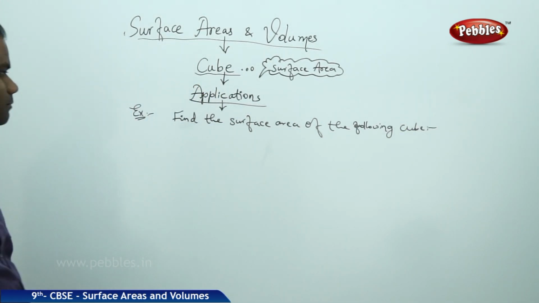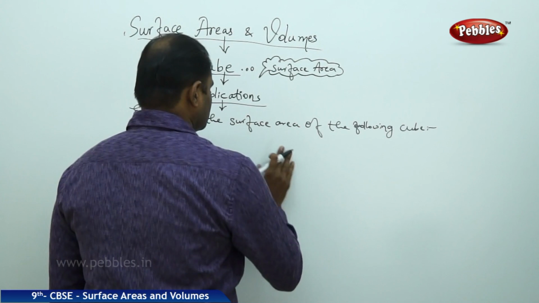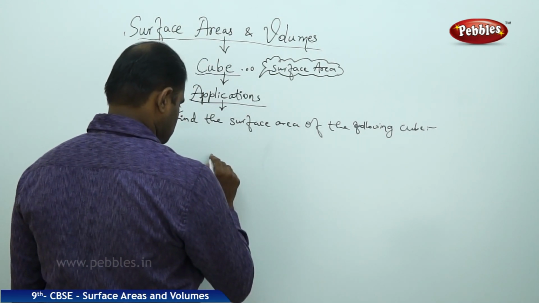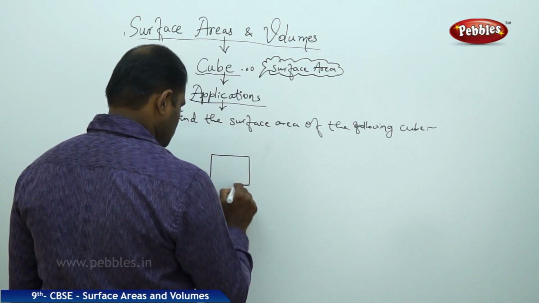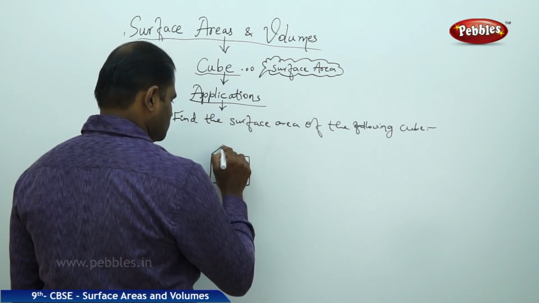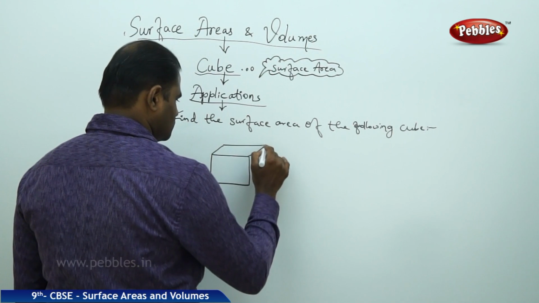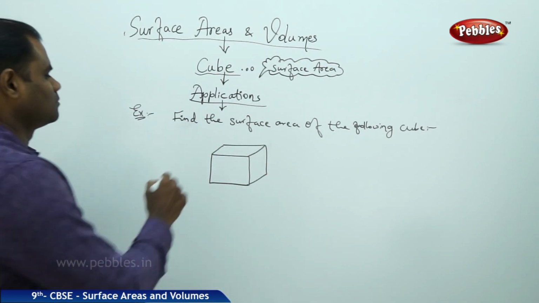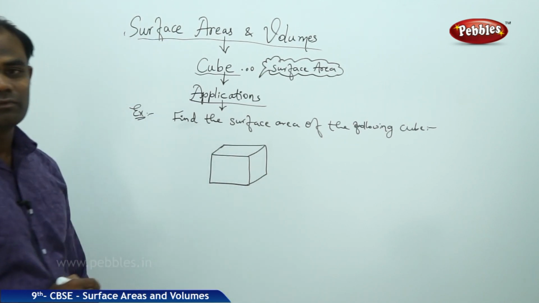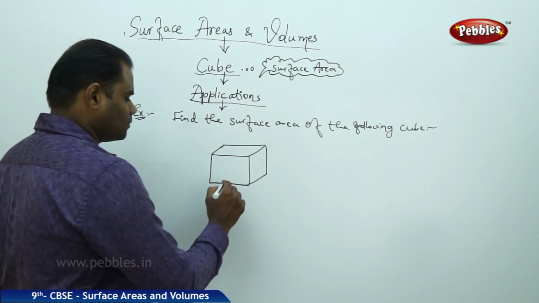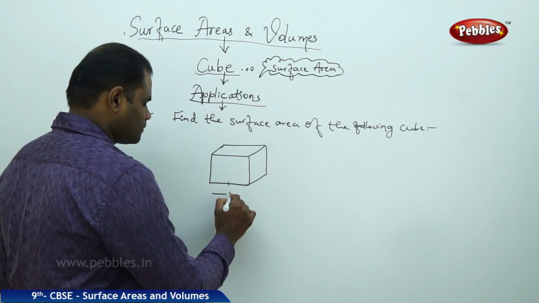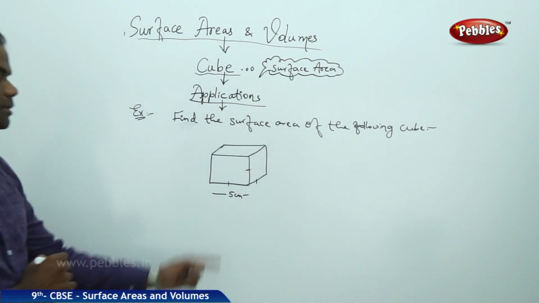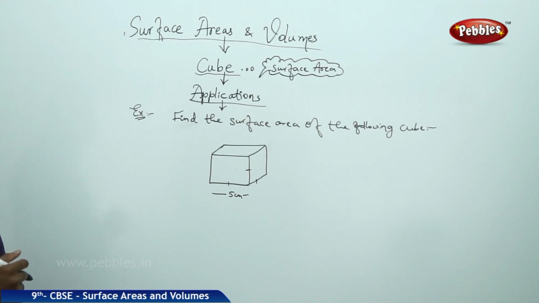So here I have a cube, and I need to find the surface area of this cube in which the side is given to be 5 centimeters.